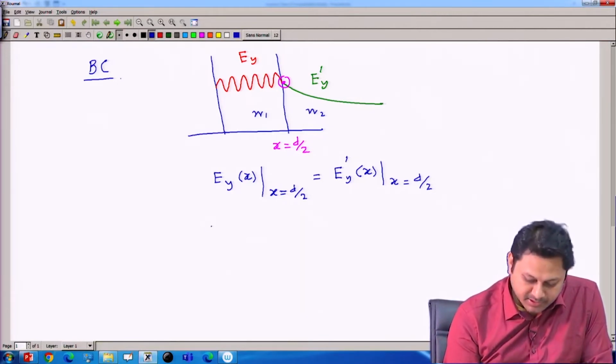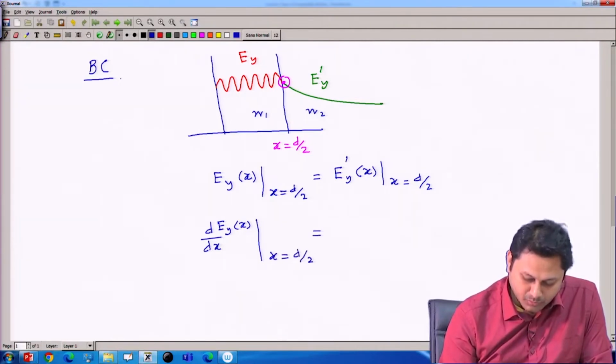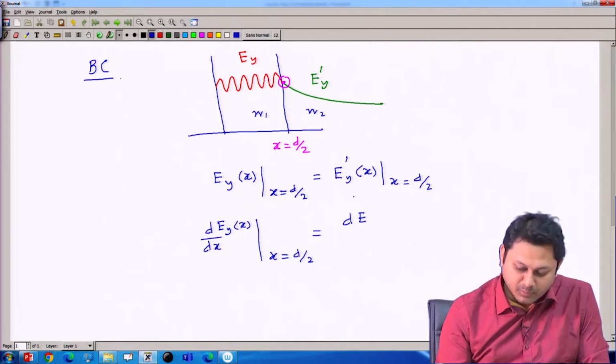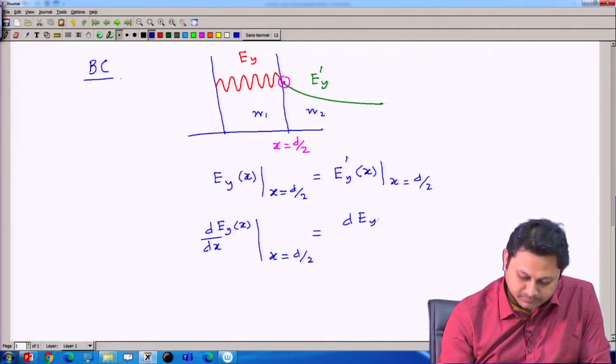The second boundary condition says the derivatives at x equal to d by 2 are also equal, so that the function is smooth here as well.